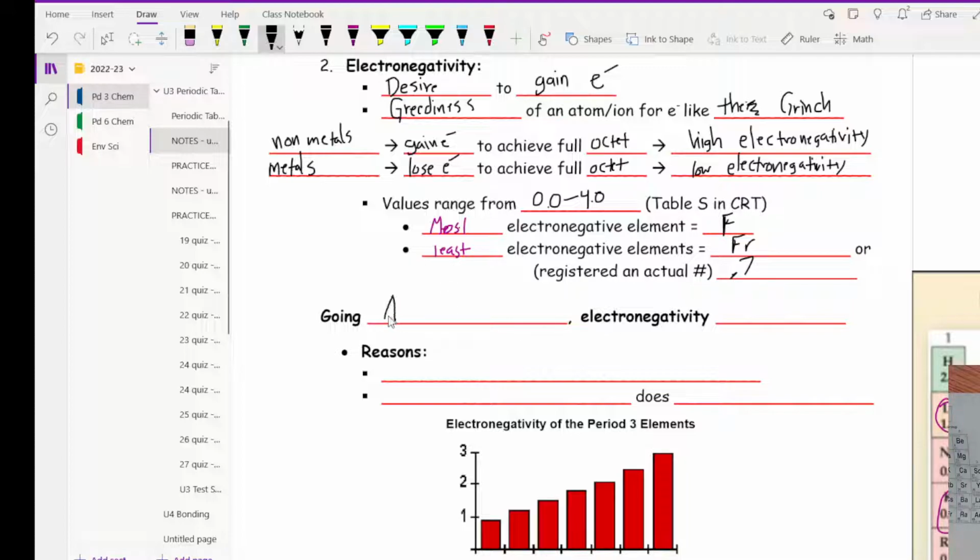So going across a period, like I said, as we go across a period, so going this way, electronegativity increases. The reason is because we have an increased nuclear charge, which increases the desire for those electrons.